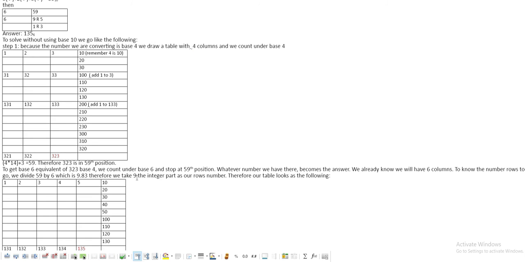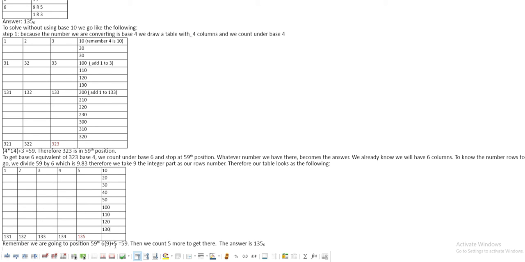Therefore, we take 9, the integer part, as our number of rows. So in the table, we'll have 6 columns, 9 rows, plus the remainder. If you look at 6 times 9, you'll have 54. 54 plus 5 gives you the 59.